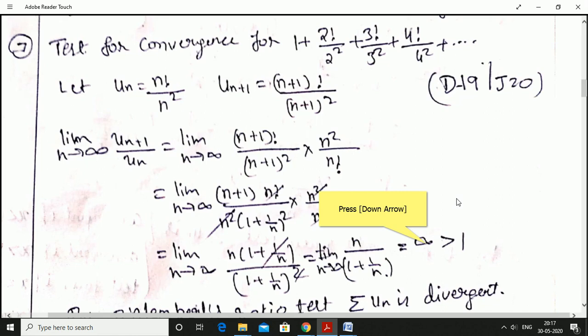That is equal to limit as n tends to infinity, n plus 1 factorial can be written as n plus 1 into n factorial, and into n square as it is, and in the denominator take n outside. Outside the square means n square into 1 plus 1 by n whole square into n factorial. n factorial cancelled, n square cancelled.